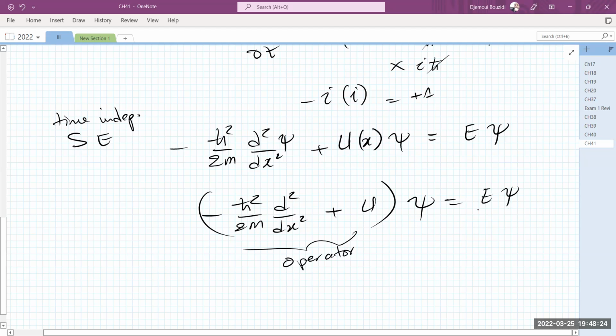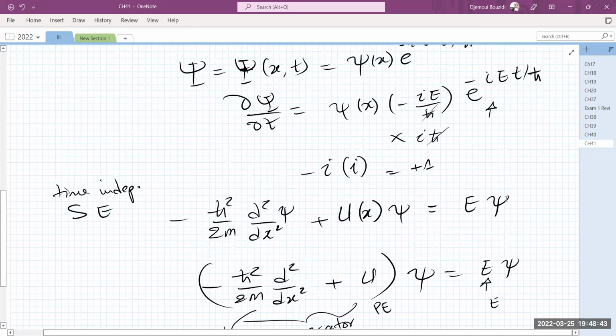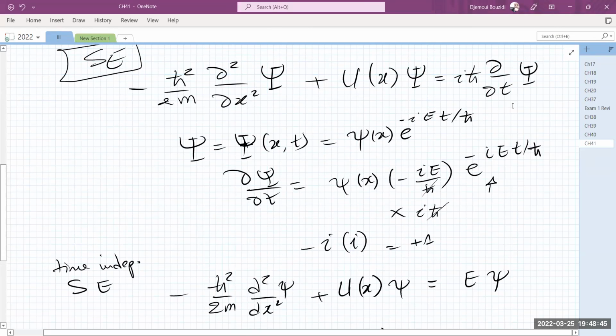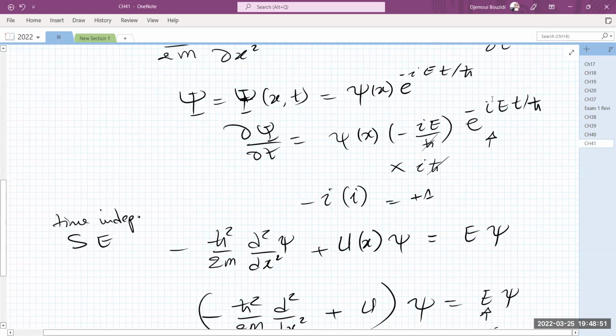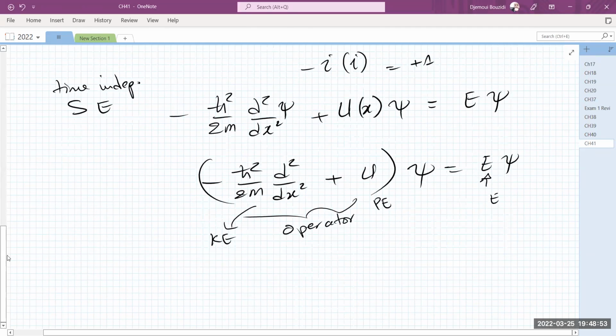So this operator looks like it's some sort of an energy, because this part is the potential energy of it. So this looks like it's the kinetic energy part of it, because the whole thing is the total energy of the system. And this formulation of Schrodinger's equation is actually an expression of the energy, where there is a correspondence between the position.